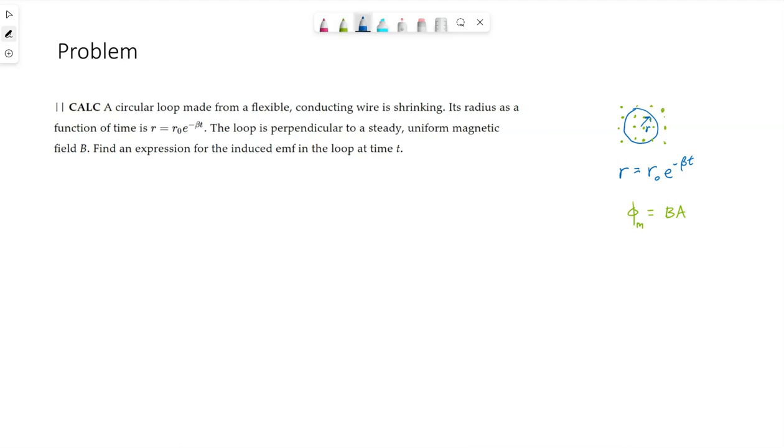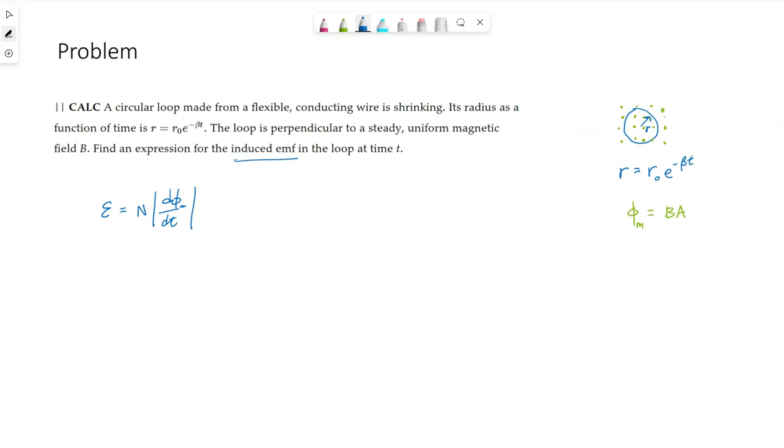So this term, induced EMF, should always take us to Faraday's law. Faraday's law tells us that the induced EMF in a loop or coil is directly related to the rate at which the flux is changing.